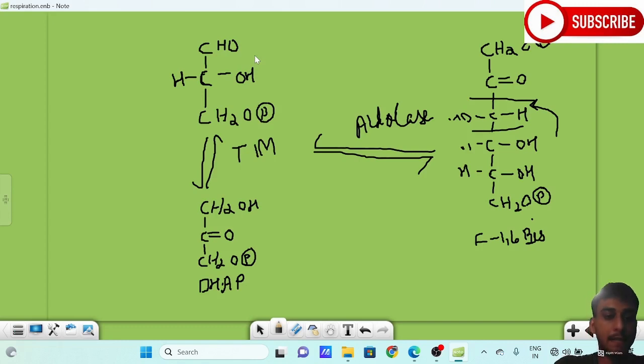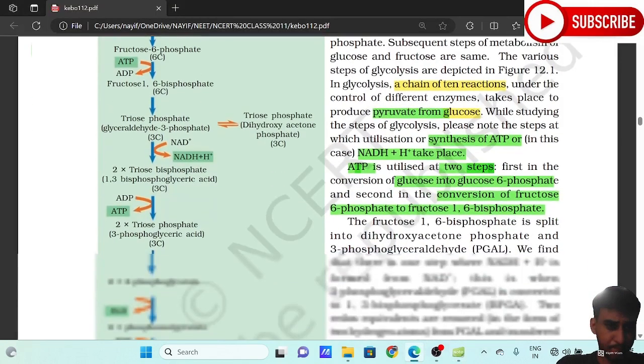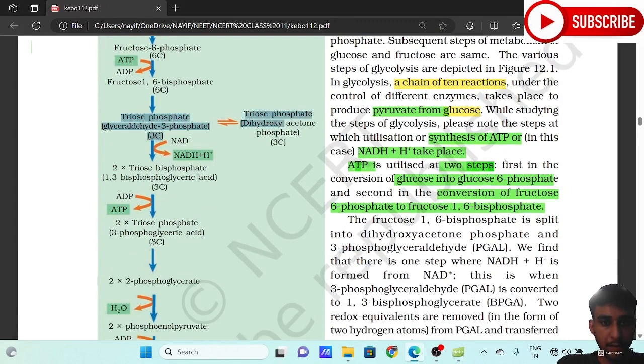Okay, I think you got an idea regarding it. So this is the step. Now we can go to the next step. So we reached here, right? Now we are going to the next step.